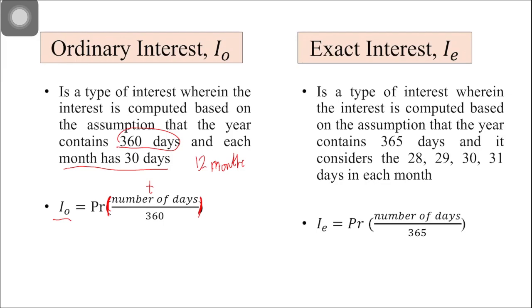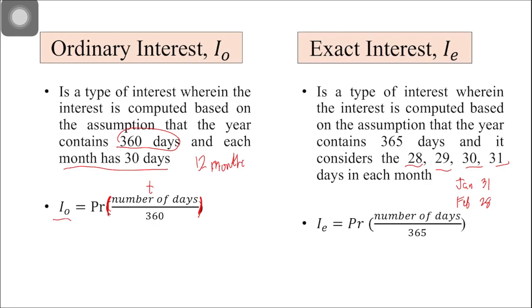So, exact interest, this is a type of interest wherein the interest is computed based on the assumption that the year contains 365 days and it considers the 28, 29, 30, 31 days in each month. So, for example, January has 31 days, February has 28 days, so we consider the 28, 29, 30, and 31 days in each month.